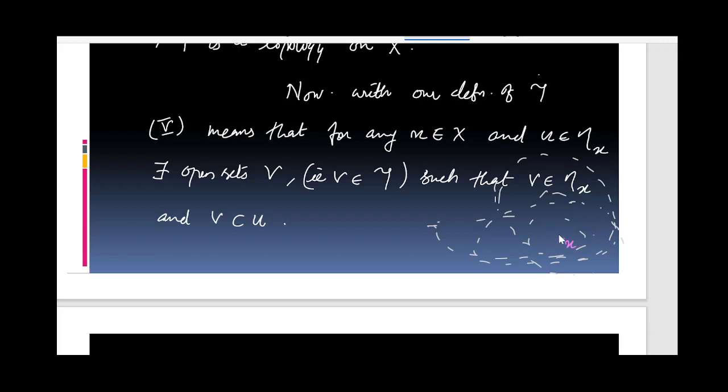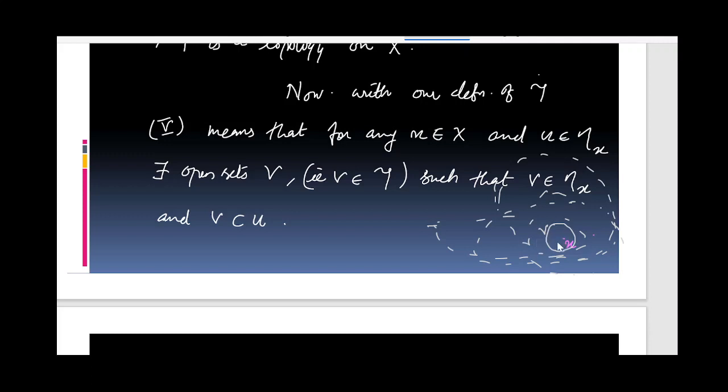Inside there exists some open set. In this neighborhood also I can find an open set. Now this is my V. By definition of neighborhood, there should exist some open set containing x and completely contained inside.